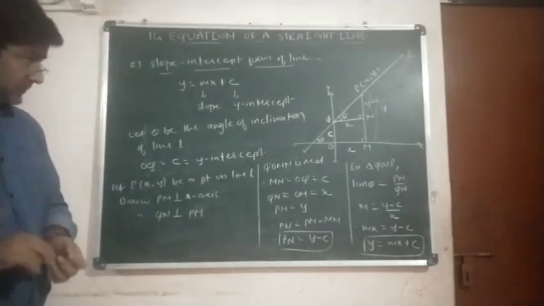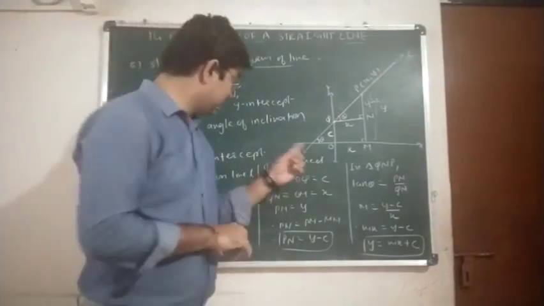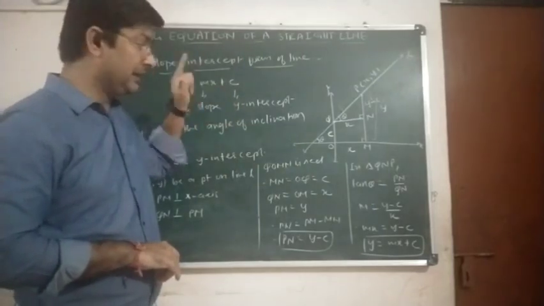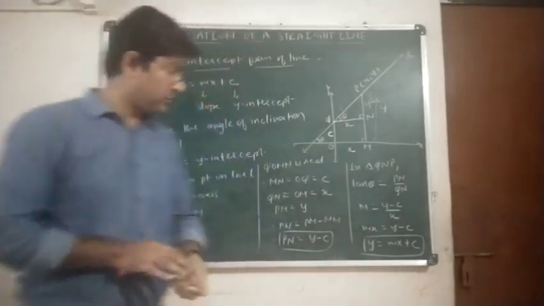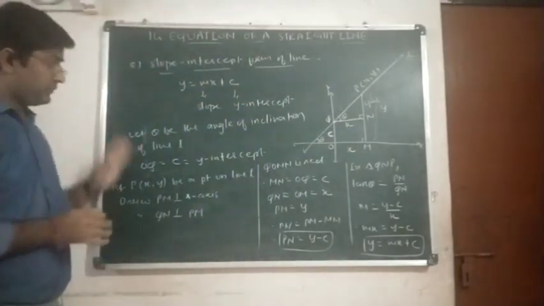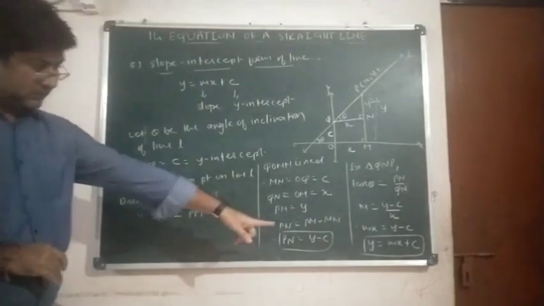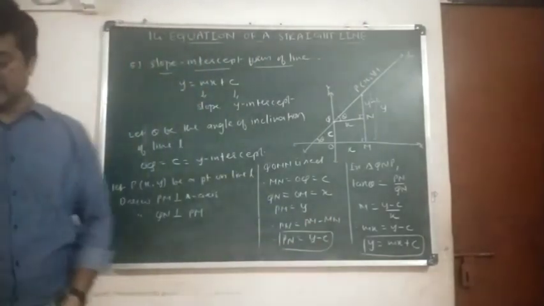Okay, now let us see the next formula. What happens if the line does not have a y-intercept? It may be possible when the line is passing through the origin. Yes or no? I hope you have understood this derivation very well. The important thing is you should remember this formula, y is equal to mx plus c.